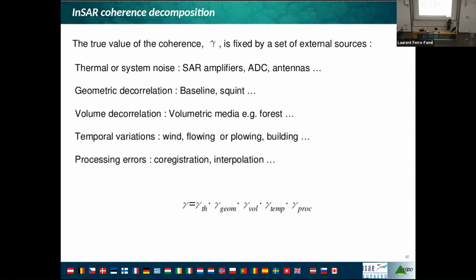Okay, so this is how to estimate coherence. And what is coherence? Coherence is a term of correlation. Correlation means a resemblance between the two images, okay? And this term can be decomposed into many terms. We're not going to go through this, but I will give you one example by main family of the correlation terms.